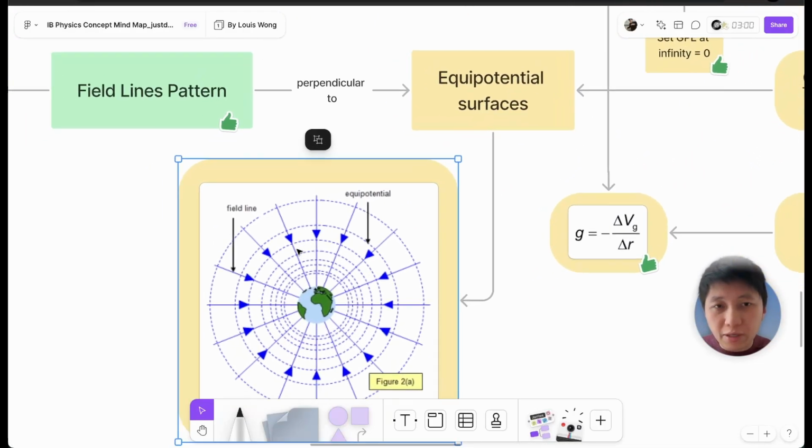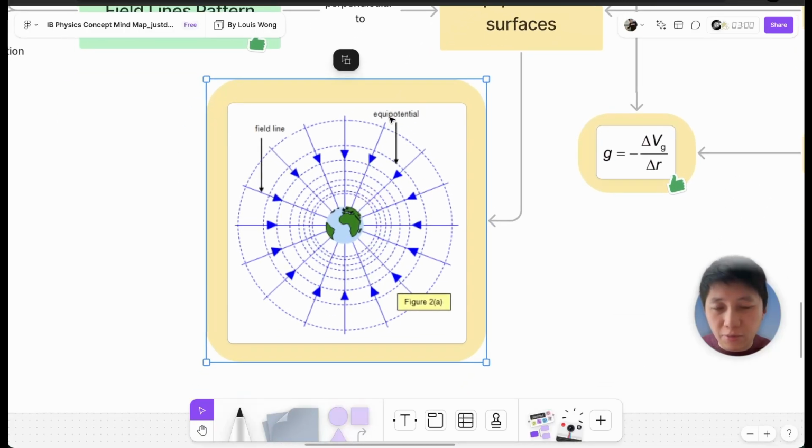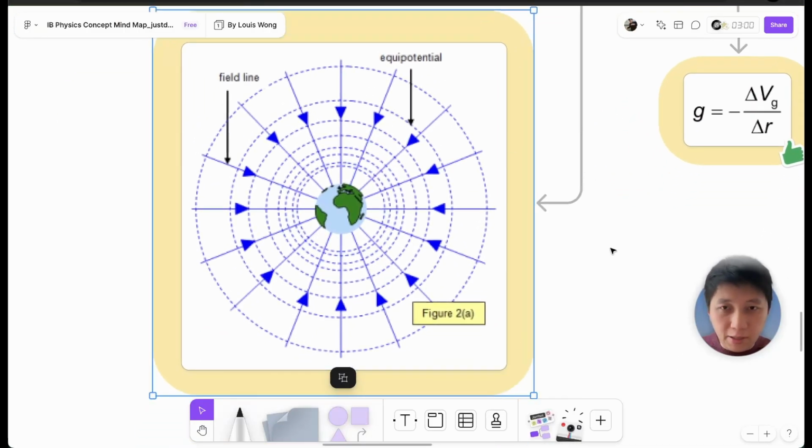One thing you should notice is the field line pattern and the equipotential surfaces or lines are perpendicular to each other. So again, you may have diagrams like this. This is for gravitation, but it's the same idea for electric field. So we'll come back to this idea again in the next chapter.